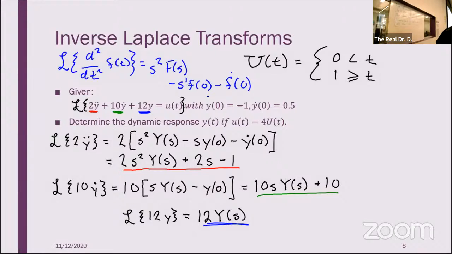So you basically just keep throwing s's in there until they go away, until you get the s to the 0. Okay? That's where this comes from. And that's the most general form given to you on the master sheet, right here.